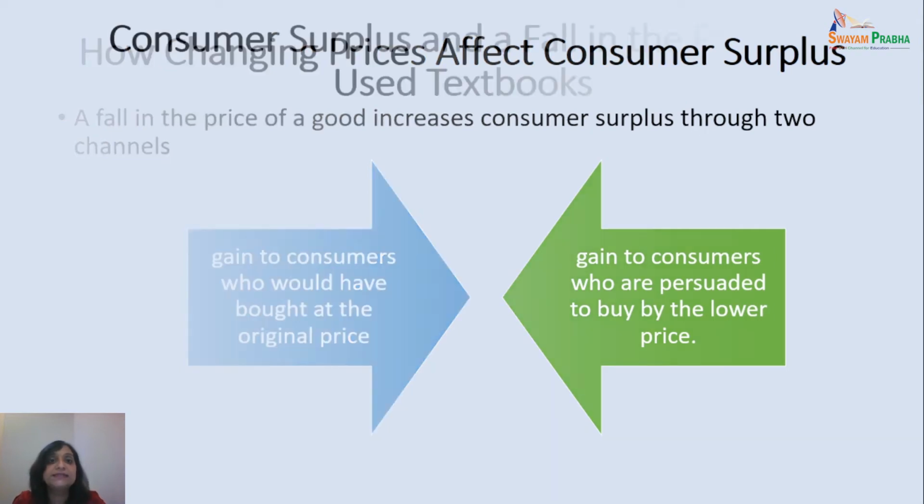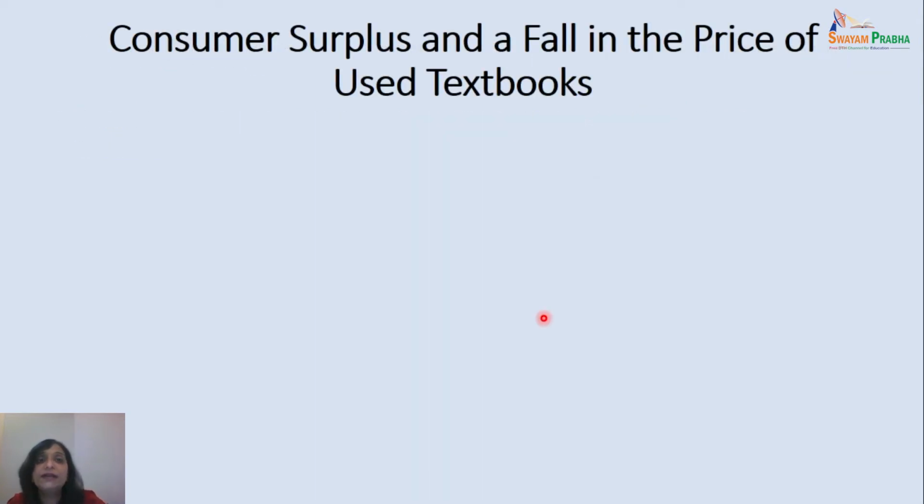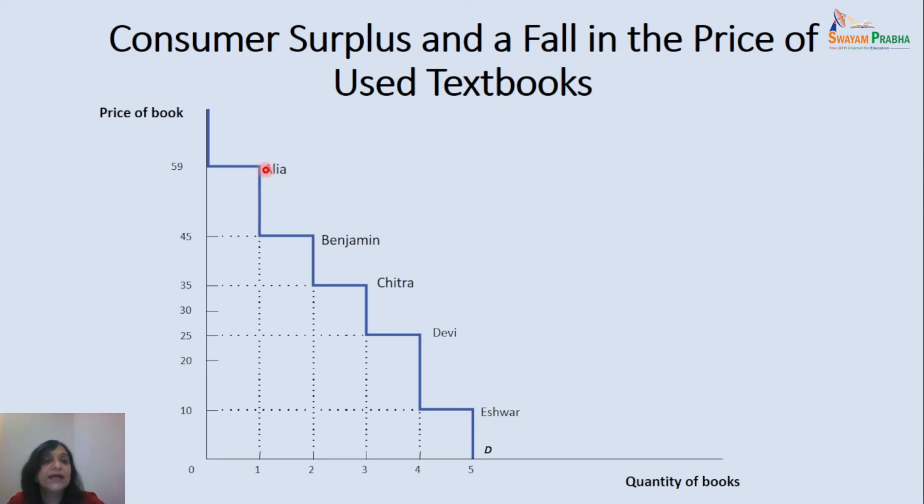Now let us see this with the help of this particular graph. Again, taking into account the price of used textbook market, price has fallen now. So these are our 5 consumers who had indicated their willingness to pay. Market price initially, let us say, was 30 rupees.